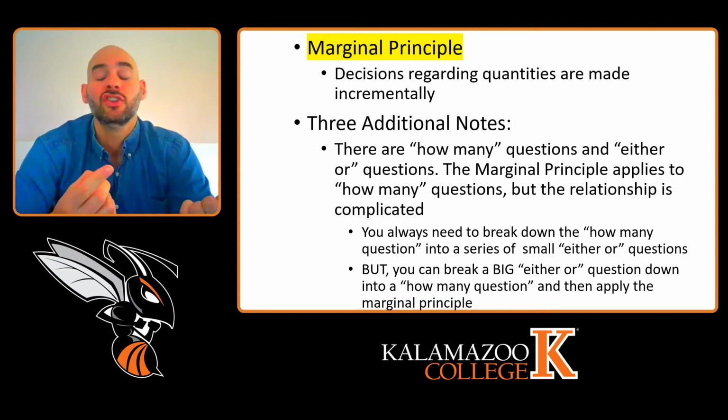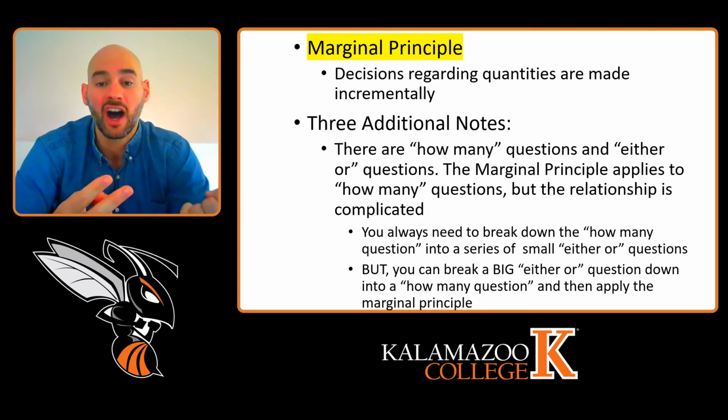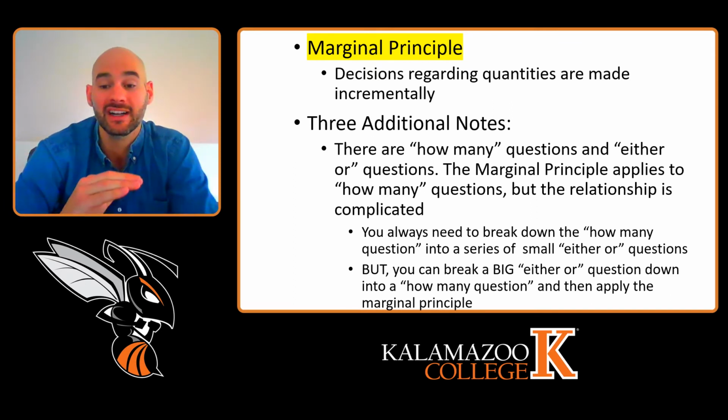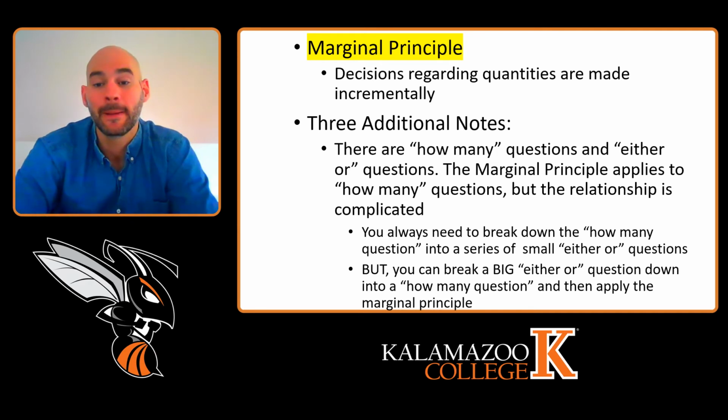You say, should I buy a 2nd pound of ground beef? Do the benefits of that 2nd pound exceed the cost of buying that 2nd pound? If so, then you question, should I buy a 3rd? And that's what we mean by incremental decision making, that we should break down any quantitative question of how many or how much into a series of yes or no questions.